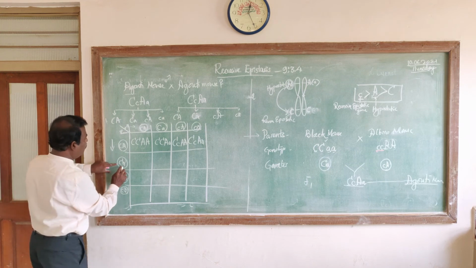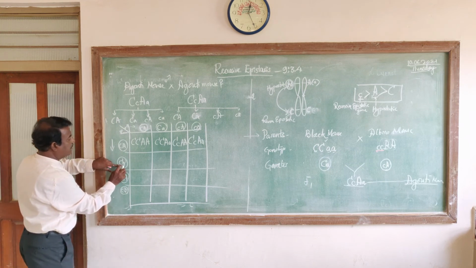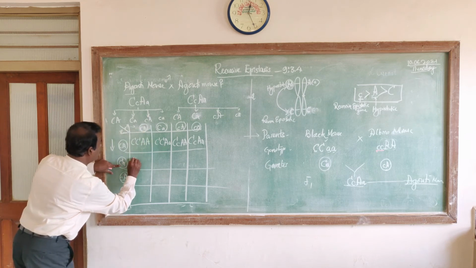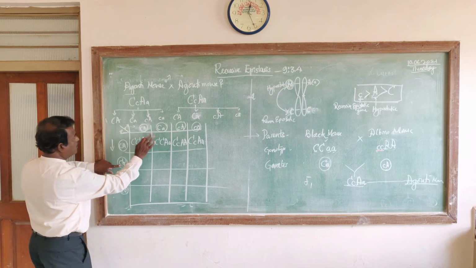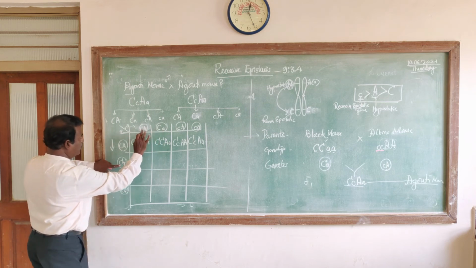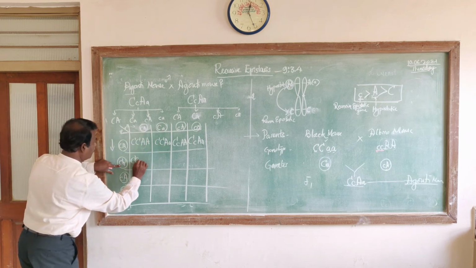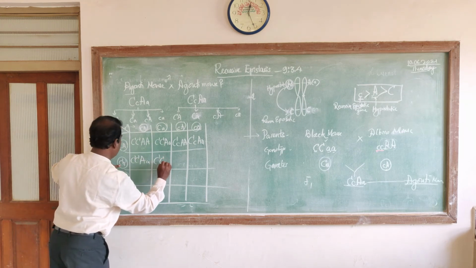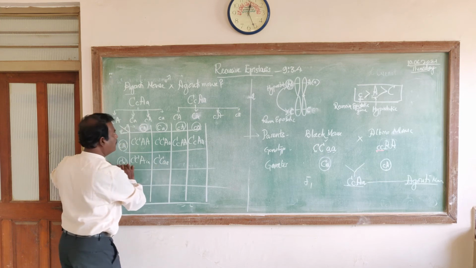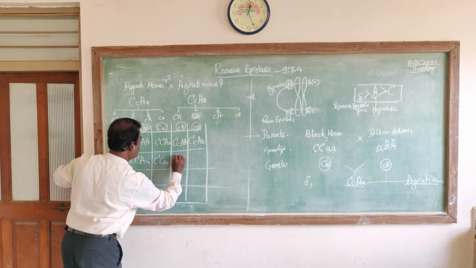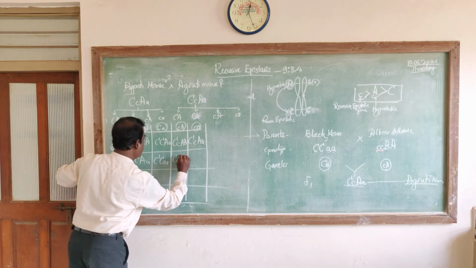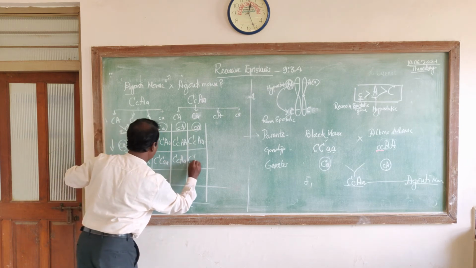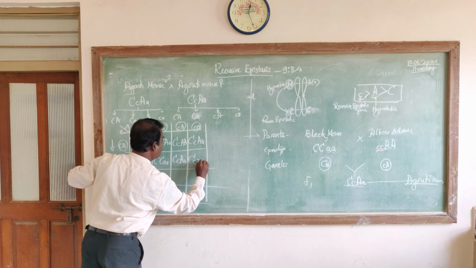Then second row, this allele combination in the ovum uniting with the sperm with this genotype, that is capital C, capital C, capital A, small a, right? This with this, capital C, capital C, small a. This with this, that is capital C, small c, capital A, small a. This with this, capital C, small c, small a, small a.